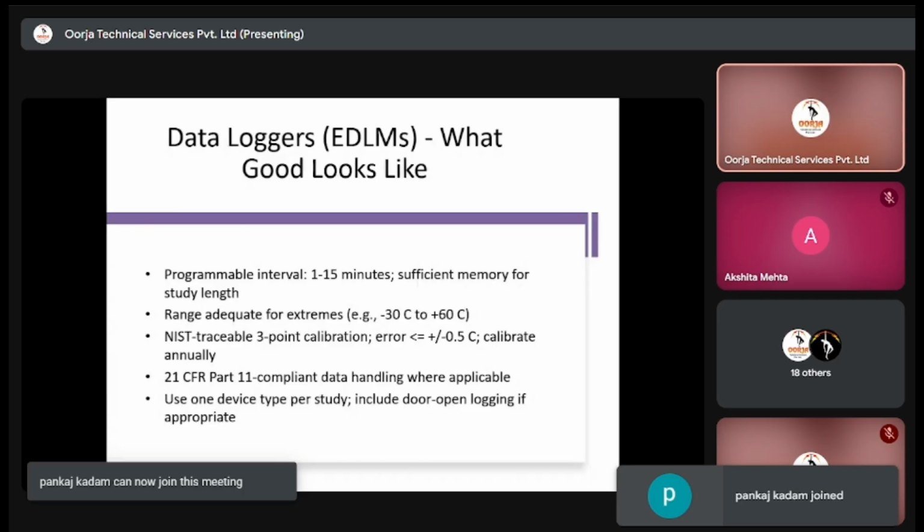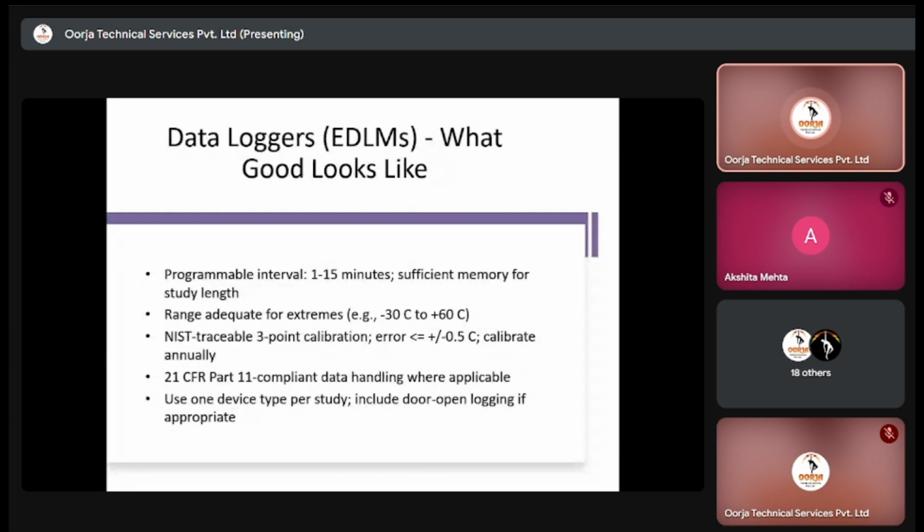Now, the accuracy should be equal to or better than ±0.5 degrees Celsius, and the calibration must be annual. This is a specific requirement mentioned in WHO TRS 961 Supplement 8.